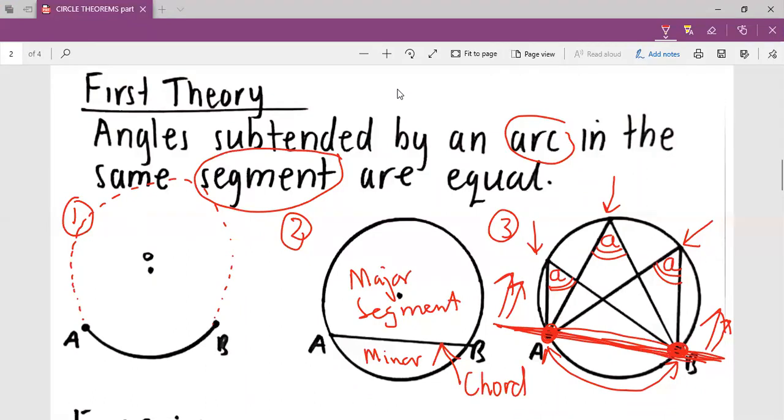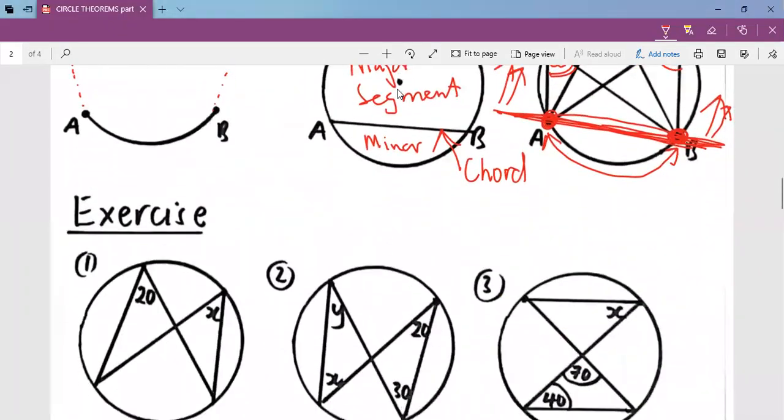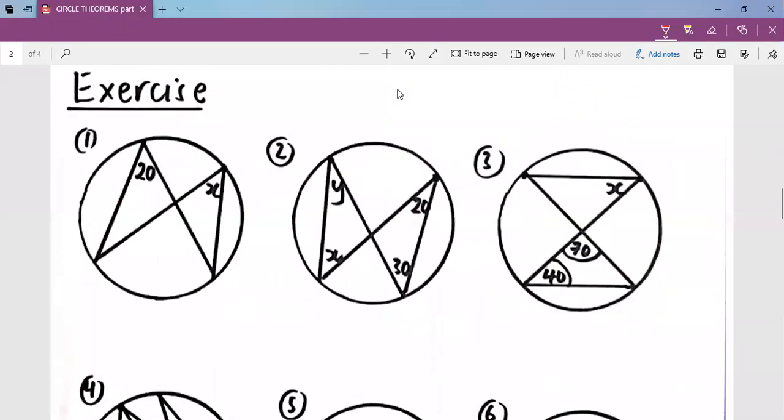Now let's look at the questions here using the law. If you look at number 1, the angle X is formed by this corner and that corner.